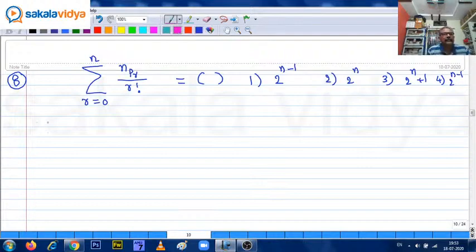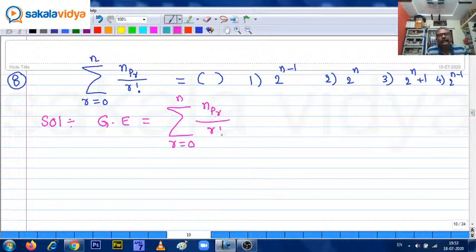See, this expression value we need to find out. Given expression value is sigma, that means summation r equal to 0 to n of nPr upon r factorial. So we have the relation: nPr upon r factorial is nothing but nCr. So now we can write sigma r equal to 0 to n of nCr.